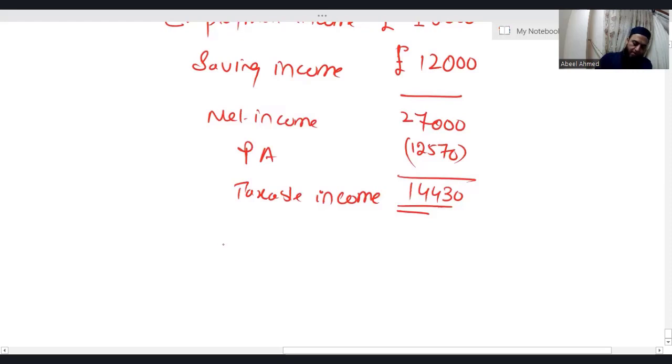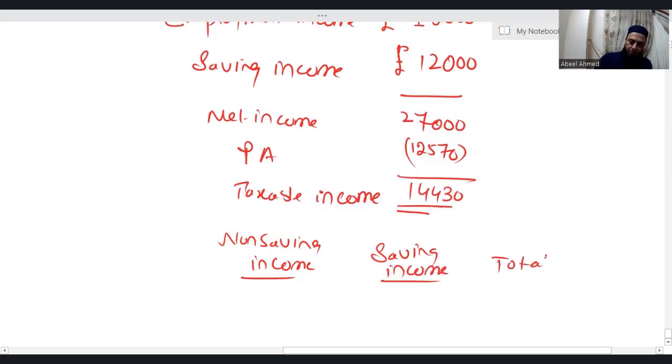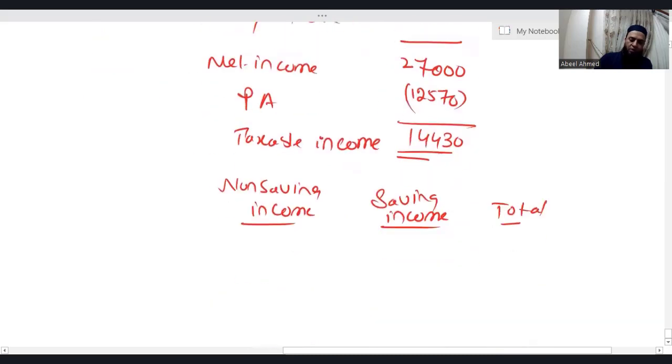Okay. Non-saving income, saving income, total. The non-saving income, which is employment income, is 15,000.